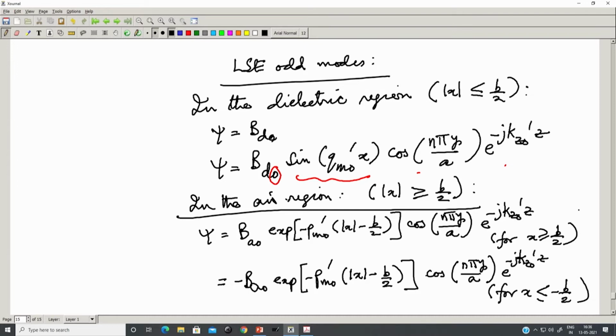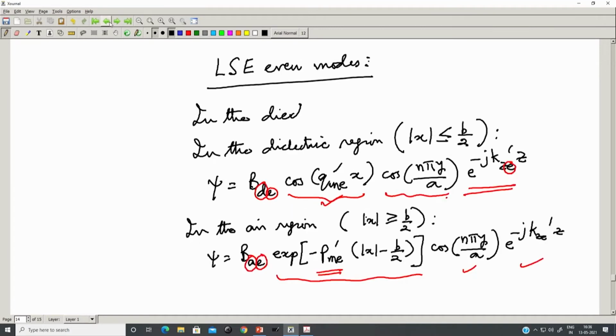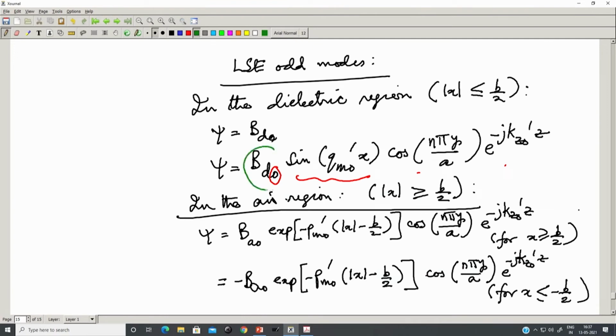The subscript E referring to the even mode and the subscript O referring to the odd mode, and these are the amplitude terms BDE, BAE, BDO and BAO.